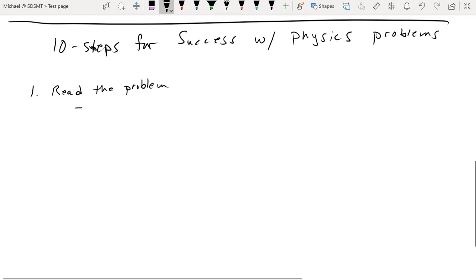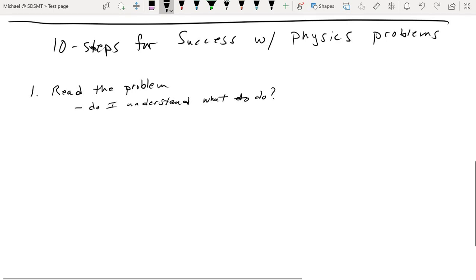And ask yourself, after you're done reading that problem, do I understand what it is that I need to do? So what to do. Do I know what to do? And if the answer to that is no, then you might want to go back and reread the problem statement.